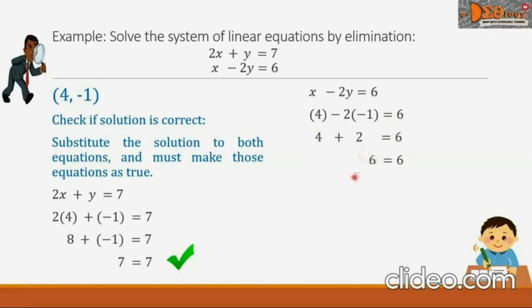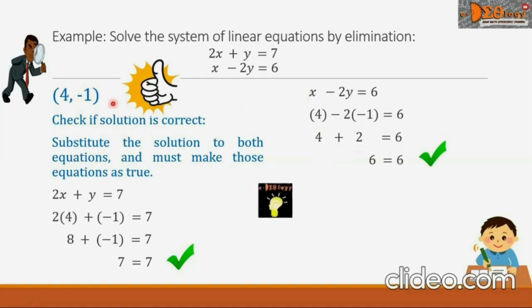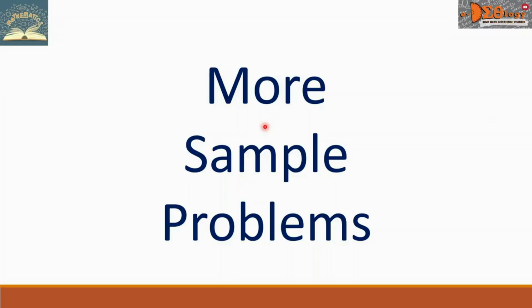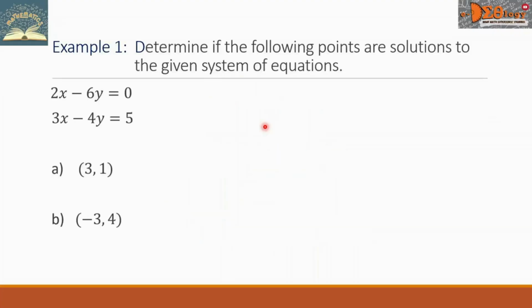And 4 plus 2 is 6 and that is equal to 6. So it is correct. So again, the solution makes the second equation true. It means to say, we are sure that our answer here is correct. And this is our final answer.